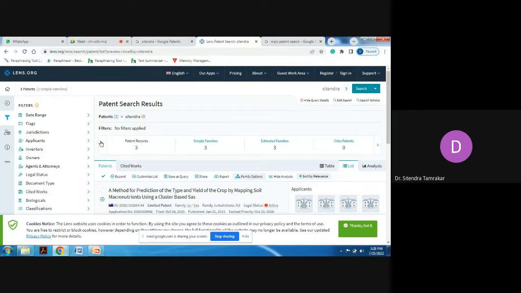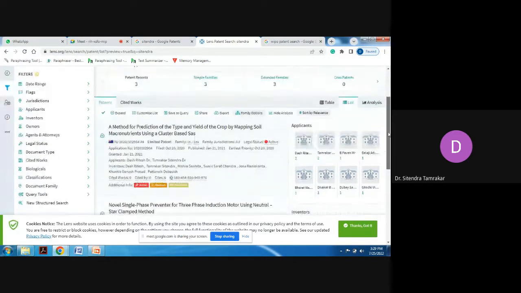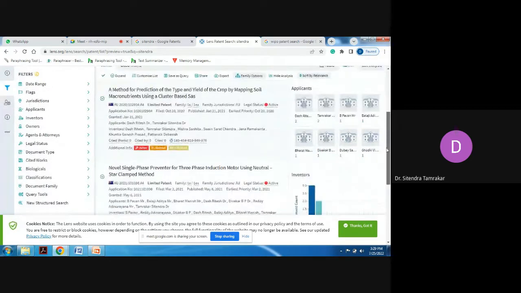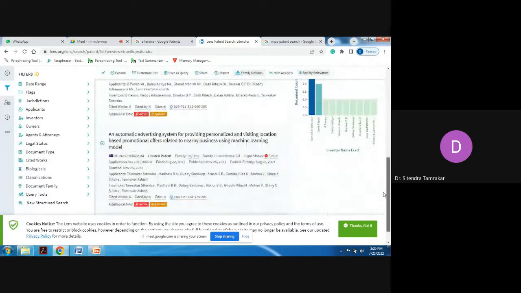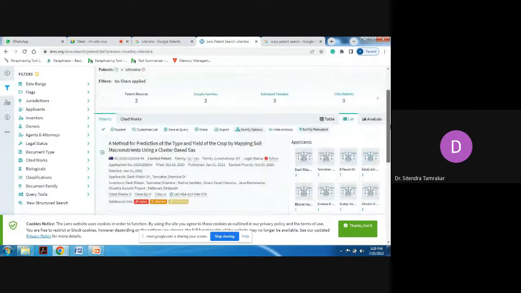If you want to find out something like a person has done a patent, a copyright, or a research paper, you can find out all the information from here. So like I typed my name and I found my 3 patents. The Lens has 3 patents out of the 7.